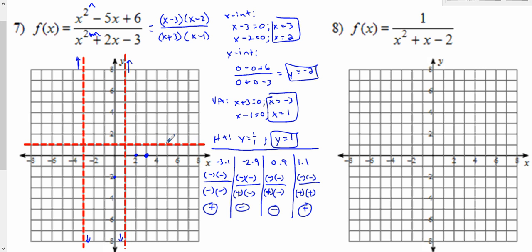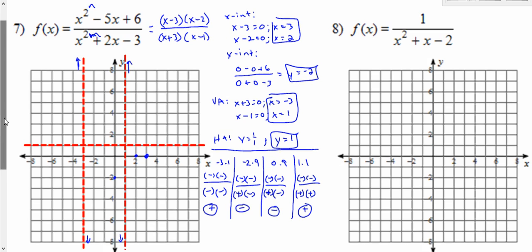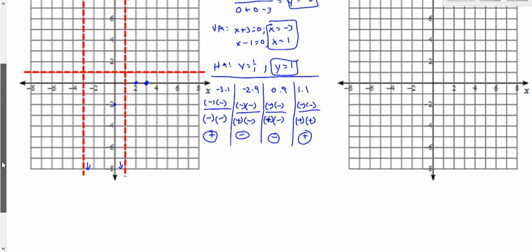Now I'm ready to graph, although over here on the left side, I don't have any points. So I'm going to plug in x equals negative 6.